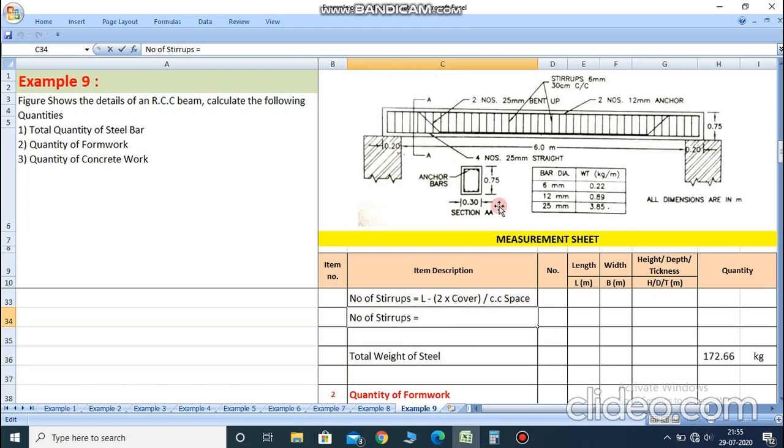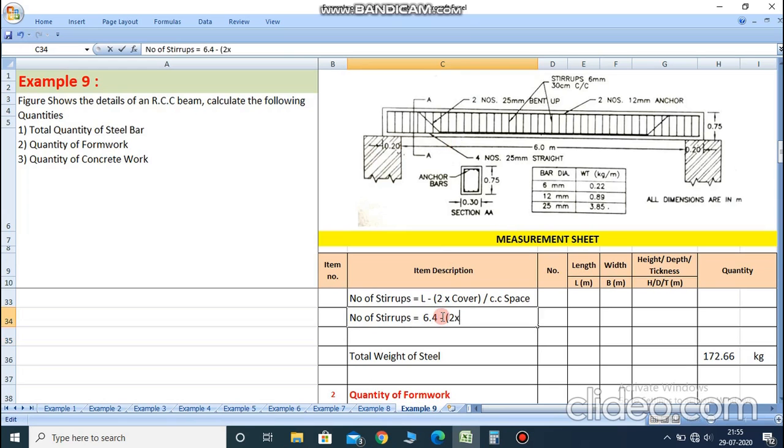Here the length we have already found: 6 plus 0.2 plus 0.2. Clear? So 6.4 is the answer for the total length. Right here 6.4 minus 2 times cover.